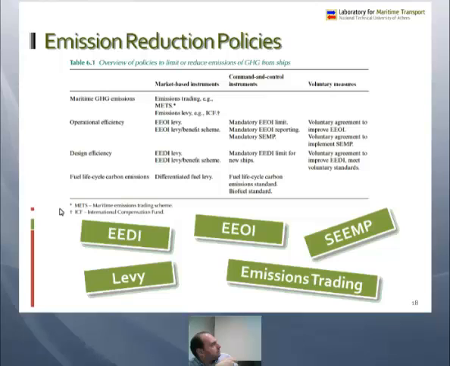And we have the EEOI, the energy efficiency operational indicator, and the EEDI, the energy efficiency design index. This is an index for new vessels. This is an indicator for existing vessels. We have tax and trading, which are part of market-based instruments, and we have this so-called SEEMP.